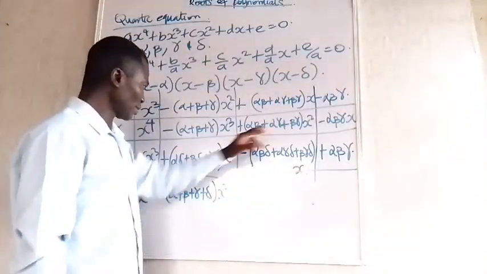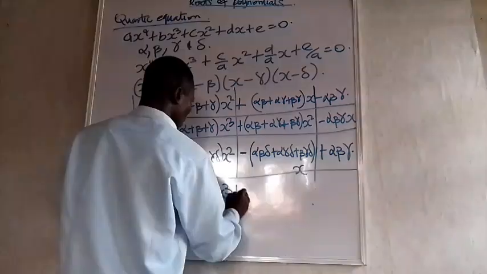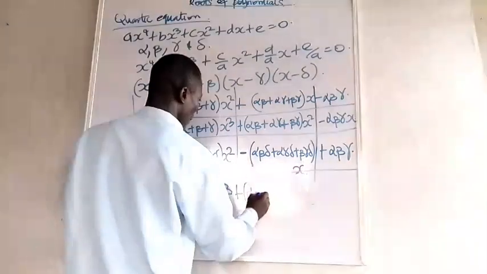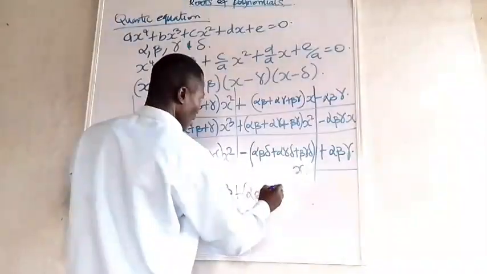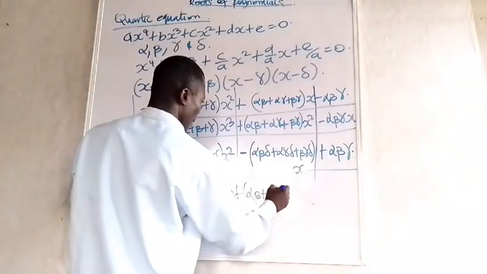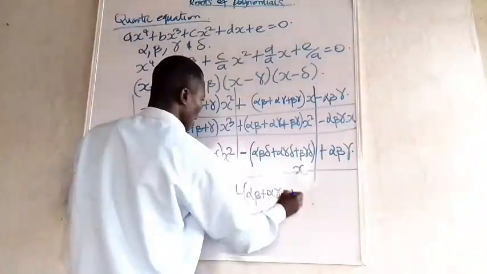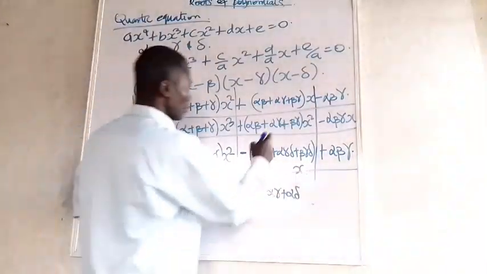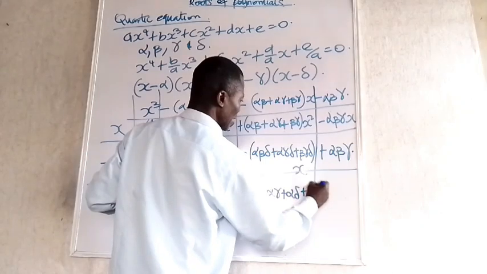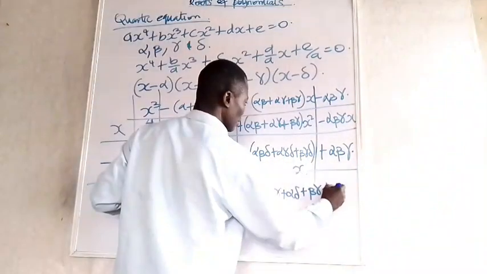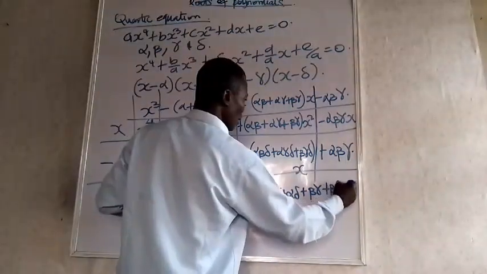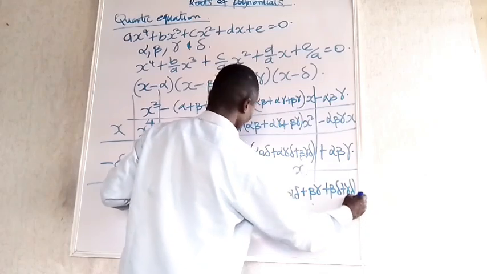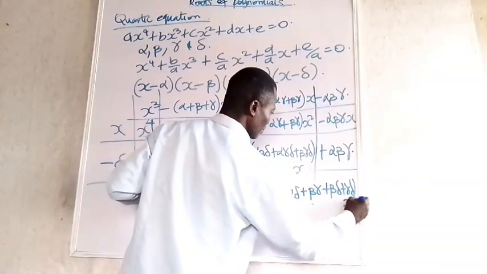This one will join this. So we are going to have plus alpha beta plus alpha gamma plus alpha delta plus beta gamma plus beta delta plus gamma delta x squared.